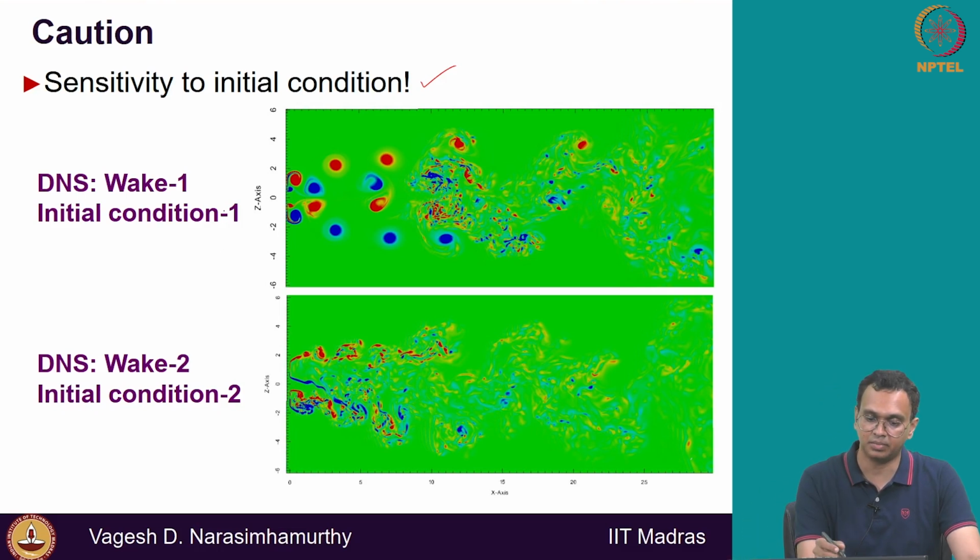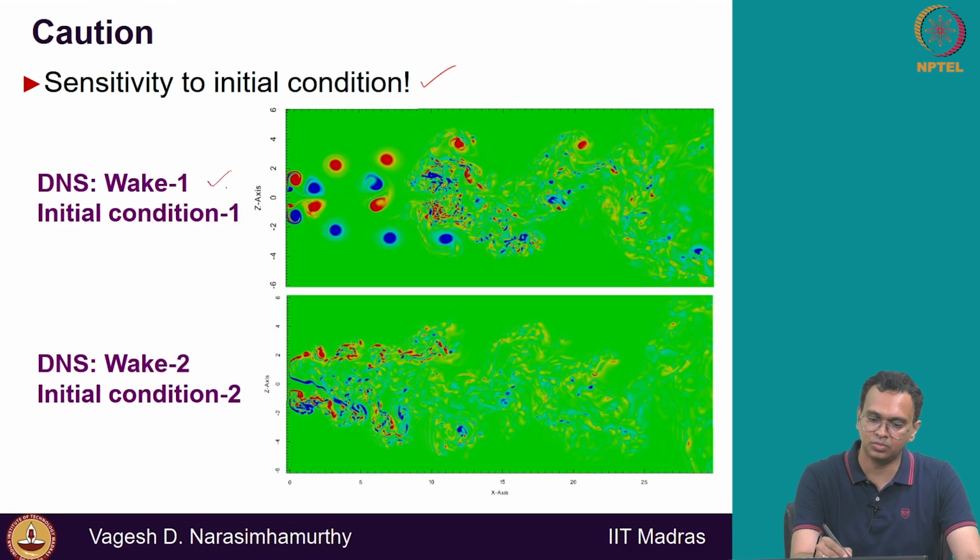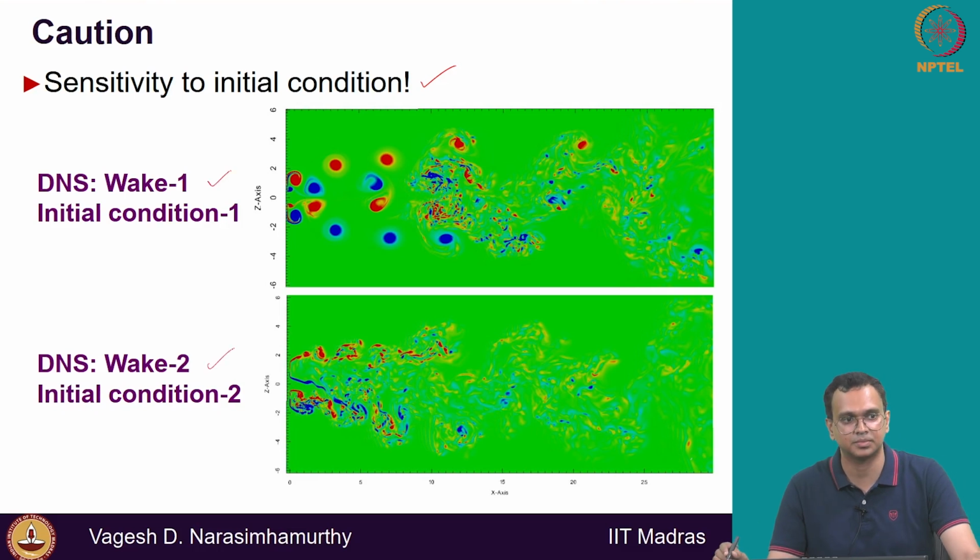You can see that by changing the initial condition, I'm getting a different solution. A non-unique solution is possible here, right? And it sustains. This is how the flow looks. I can run for eternity, no problem. This is the final solution for these two initial conditions.